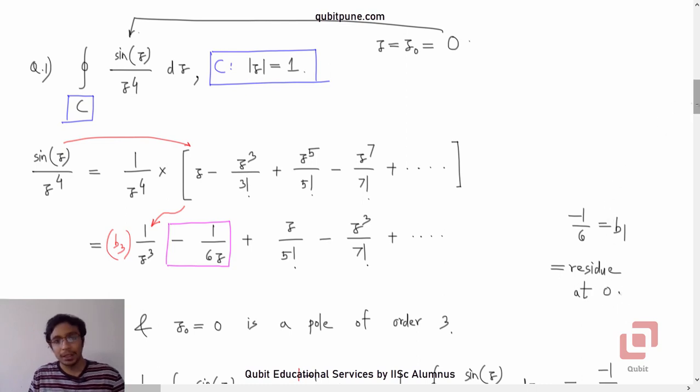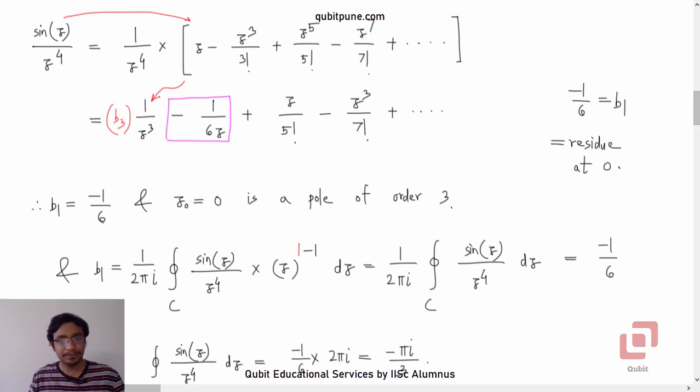Now we also note that because you have z to the power 3 here in the denominator, by the definition this won't be a simple pole, but this is going to be a pole of order 3. And we also recall the formula that we use to find the coefficient b1.